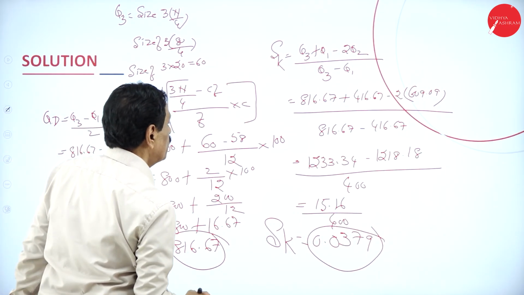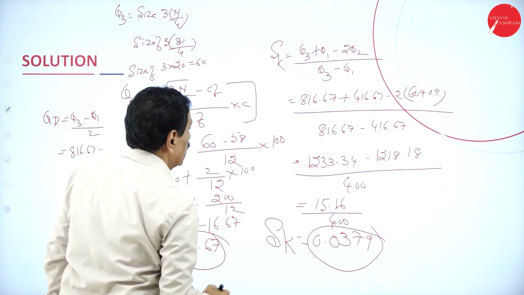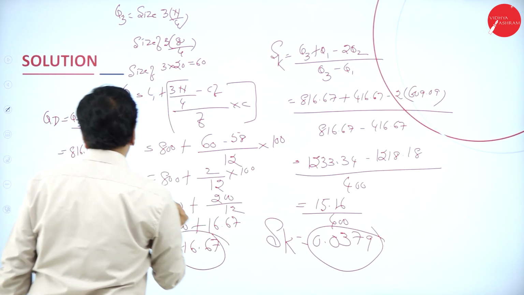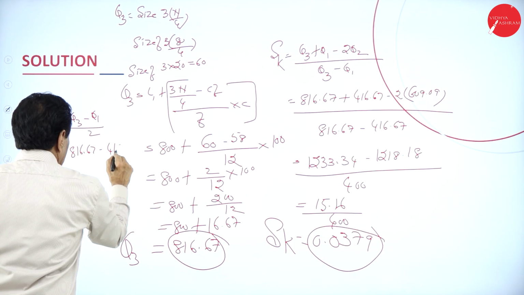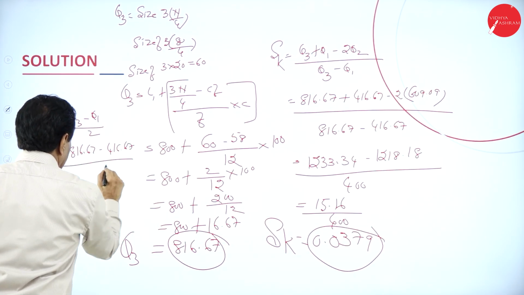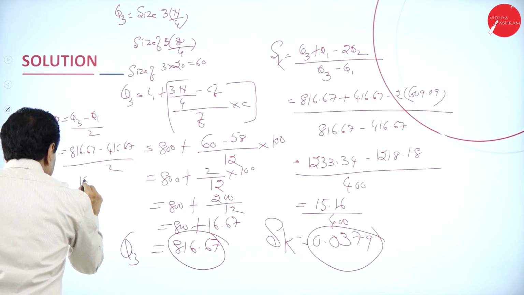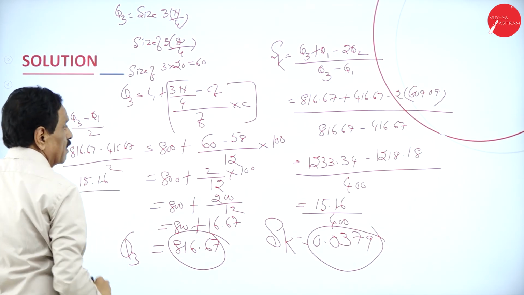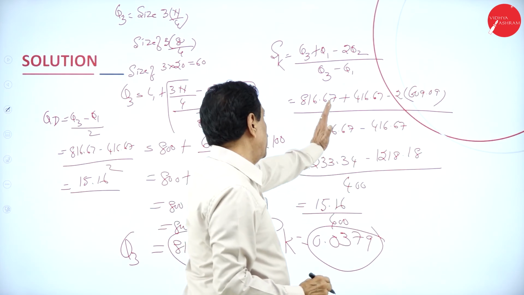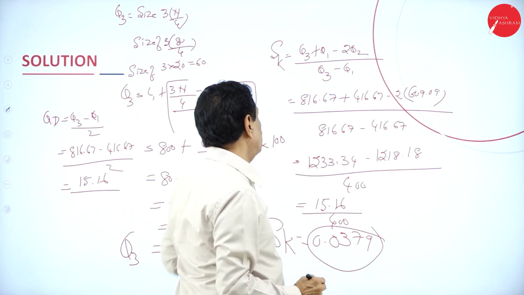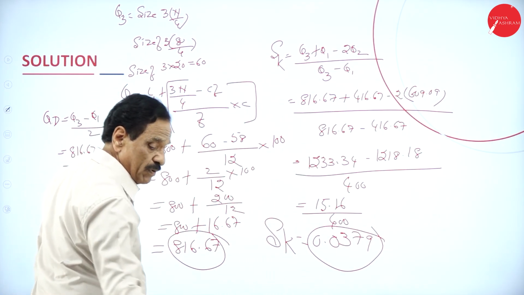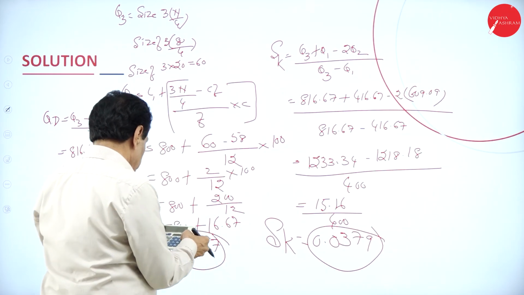What's your Q1? 416.67. Q3 minus Q1, divided by 2.